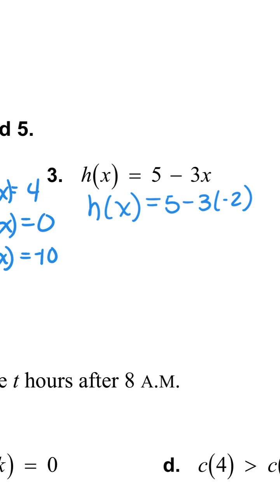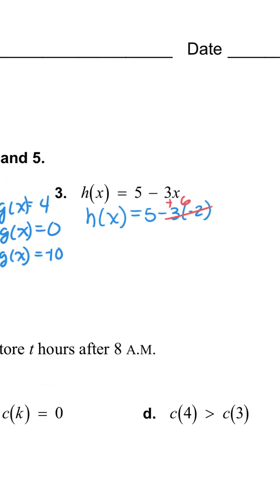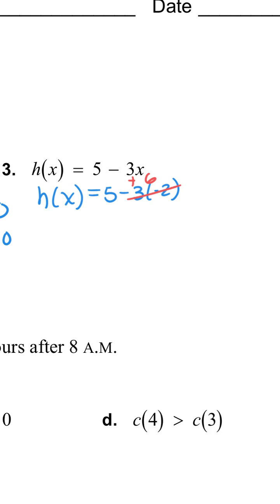PEMDAS, right? So it's going to be distributive. We're going to distribute -3 to the -2. -3 times -2 gives me +6. So 5 plus 6 gives me h of x equals 11.